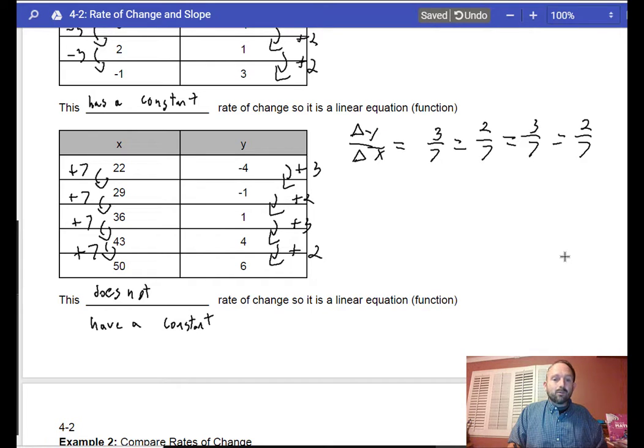So we're going to throw in not a linear equation. Now, it might still be a function, but it's not a linear equation because it doesn't make a line. Because it needs to have a constant rate of change for it to be a line. It has to have the same slope. Let's go on.